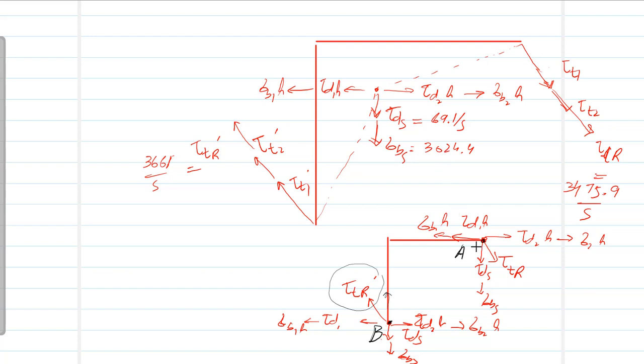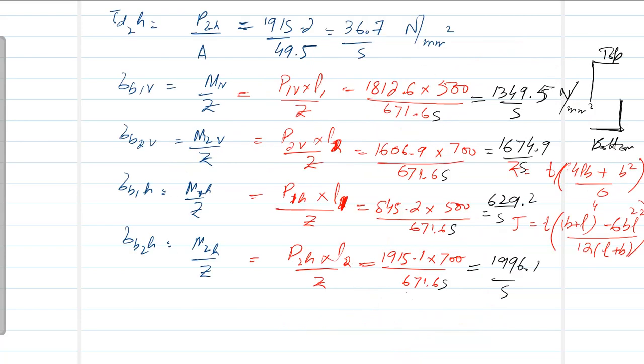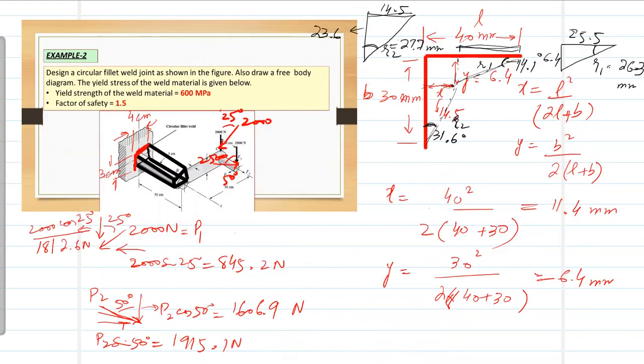So for that, I have to split this into two parts. So that's why it then becomes very easy to solve. So tau TR has two components, one in this direction and one in this direction. So tau TR, and we have to find the angle. So this angle we have to find. So this is 14.1 degrees.